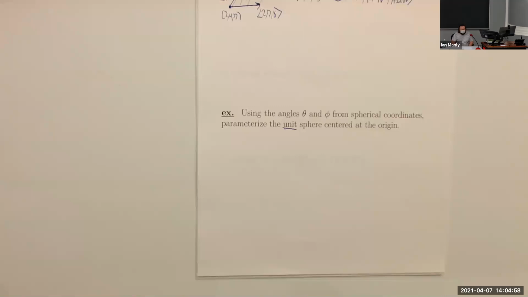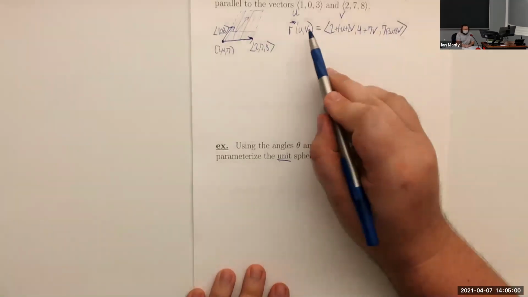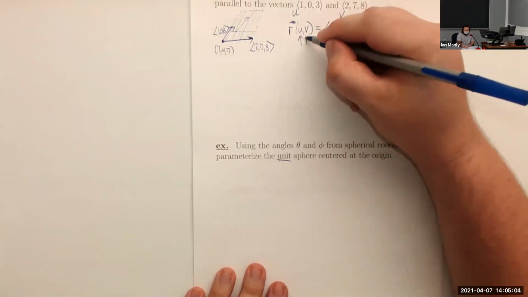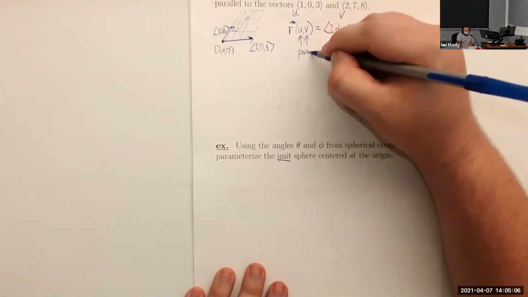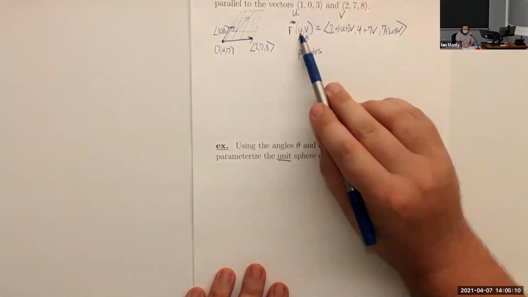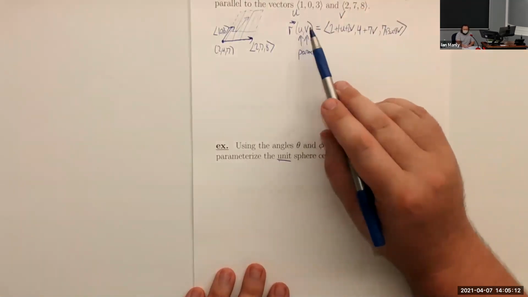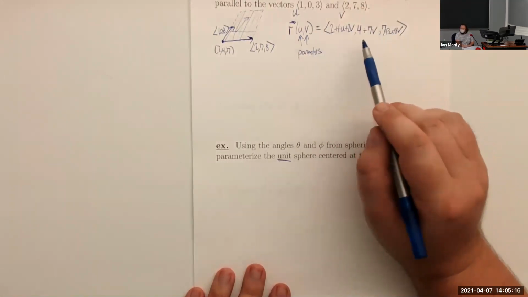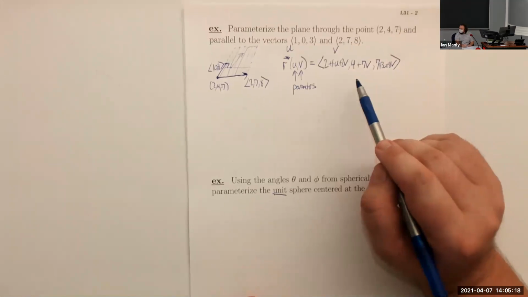I guess it's kind of that way. We're making equations out of two variables, which are called parameters. So we take as input these parameters. We need two of them because surfaces are two-dimensional. And then we get as an output a vector that points to different points on that surface right here.